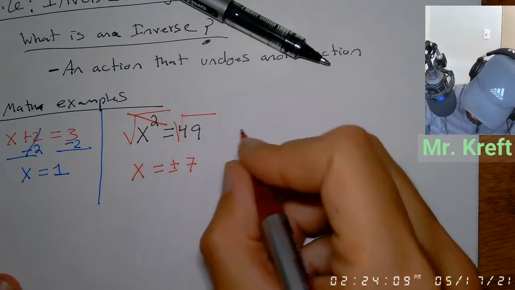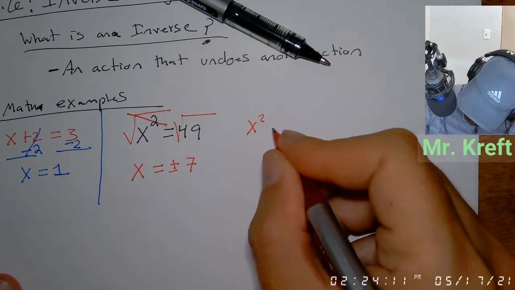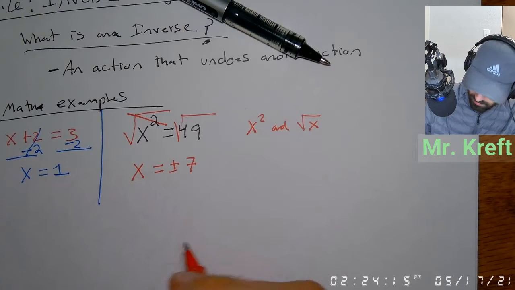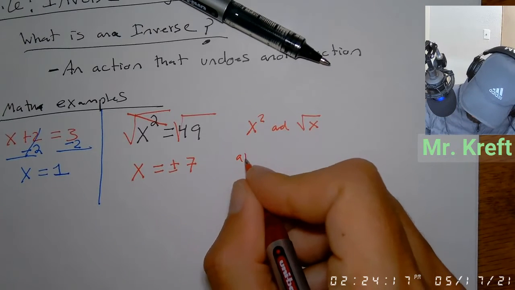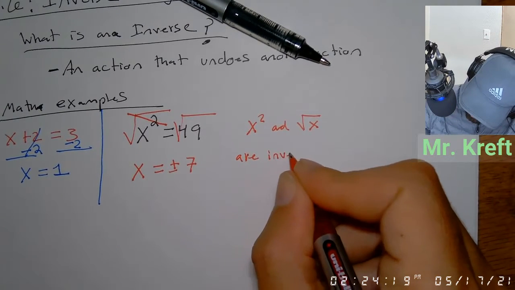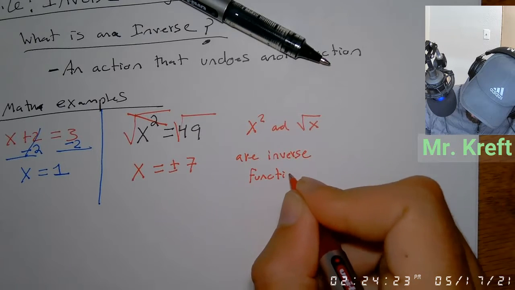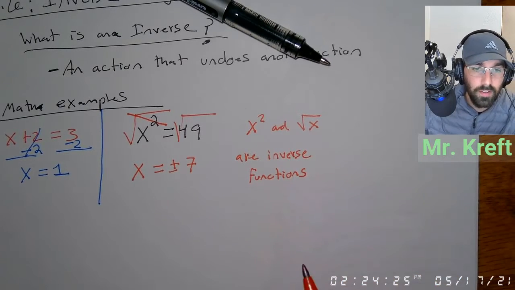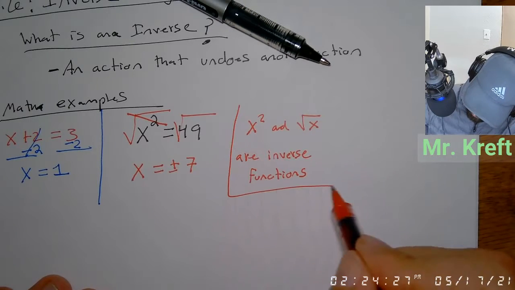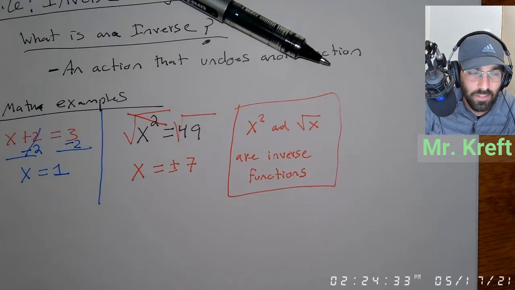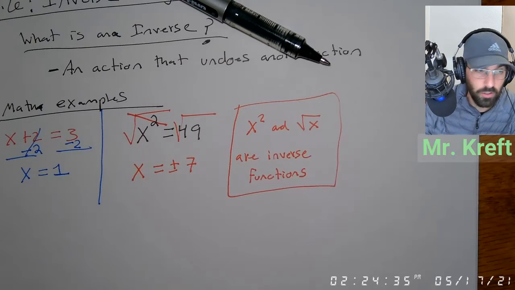Okay, so x squared and the square root of x are inverse functions. They undo each other.